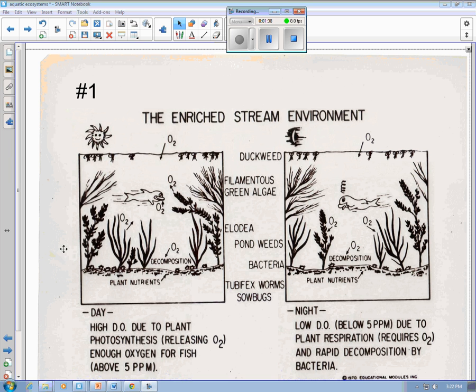In the first picture here, you see a daytime scenario, and you see plants making lots and lots of oxygen that's going to end up in the water. And so we would have a higher dissolved oxygen water during the day. And then at night, the plants shut down, they don't make oxygen, and it turns into a time where maybe dissolved oxygen levels start to actually decrease a little bit at nighttime.